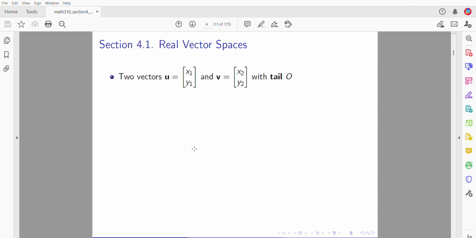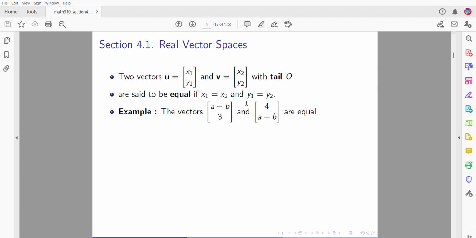Suppose you have two vectors, u = (x1, y1) and v = (x2, y2), with tail O being the origin. Then these two vectors are said to be equal if x1 equals x2 and y1 equals y2. Example: here are two vectors, (a minus b, 3) and (4, a plus b). They are equal if and only if a minus b is 4 and a plus b is 3.